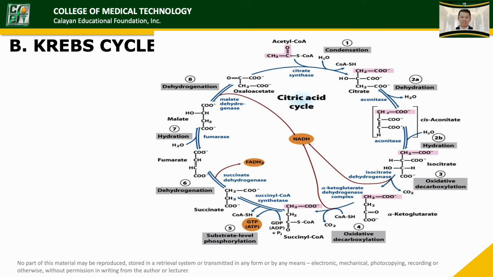And then from isocitrate dehydrogenase, you can utilize NADH, so that you can easily go to step 8. And then you also have substrate level phosphorylation, and then dehydrogenation, and then hydration, and then another dehydrogenation. So that makes the Krebs cycle.